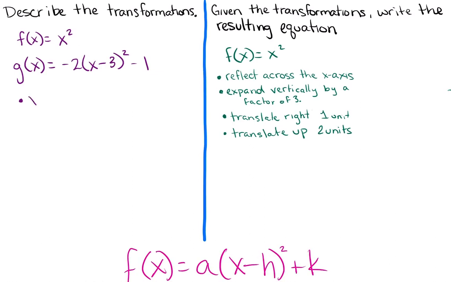So I have an x-axis reflection. You don't have to write this when you do this problem, but just to help you associate where I'm getting this, that's from having a negative a value.